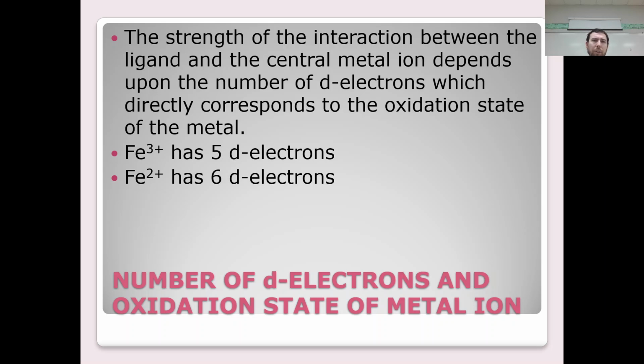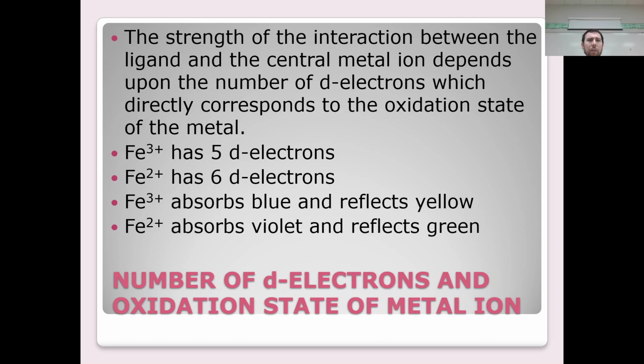So we know that iron 3+ has 5 d-electrons and iron 2+ has 6 d-electrons, okay? So how is that going to influence our interactions, right? We know because Fe3+ has a higher charge, we see that it absorbs blue light and it reflects yellow.